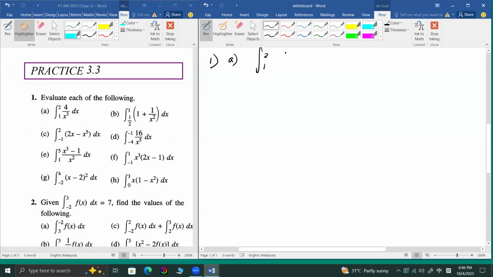So 2, 1. Same as just now, I shift the power up. So 4. -3 plus 1 is -2. Same as just now, you integrate first, and the limits you write beside here, instead of plus C as just now.